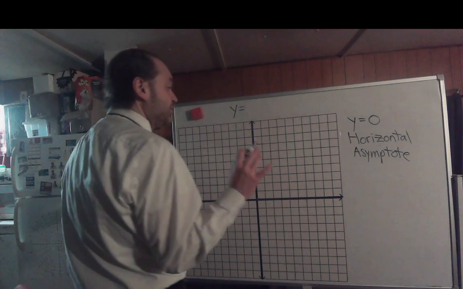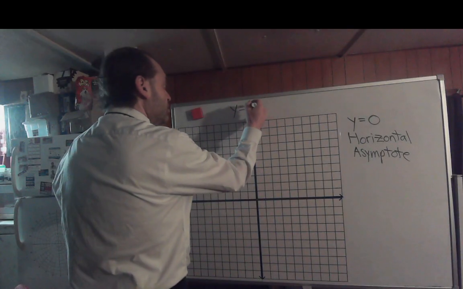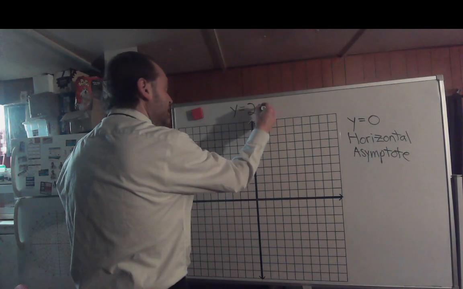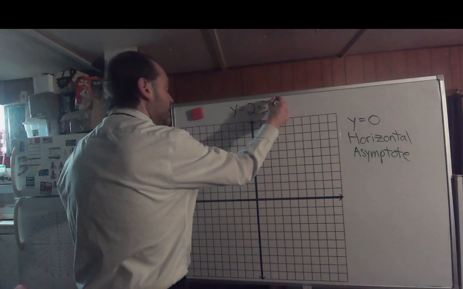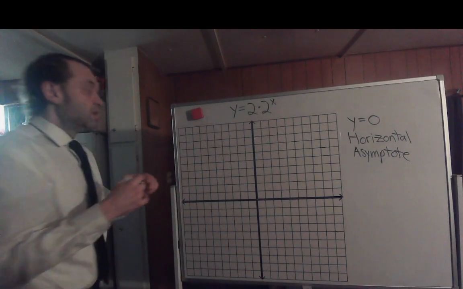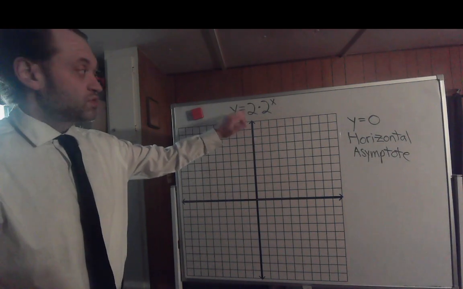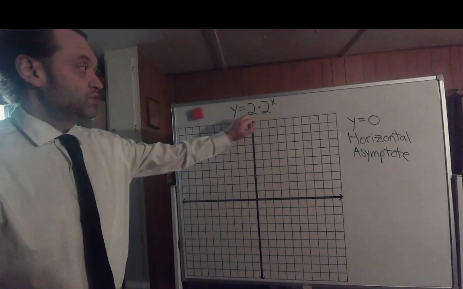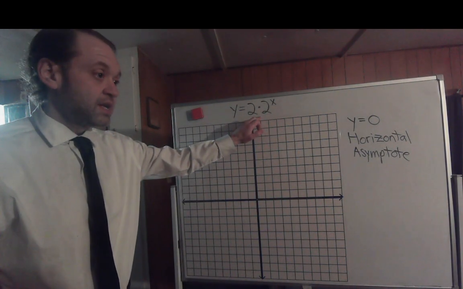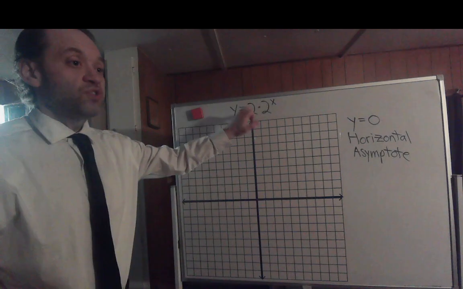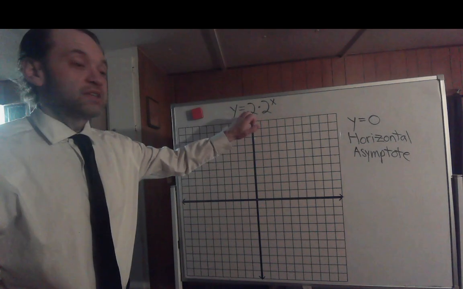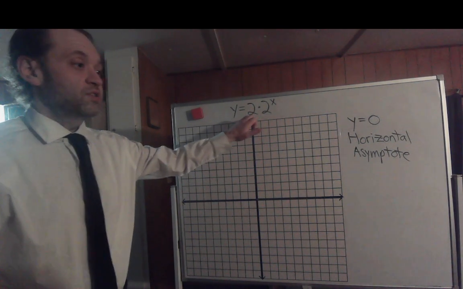What if we had something like 2 times 2 to the x? Well, much like with polynomial functions or square root functions, that 2 times the 2 to the x is a stretching factor.